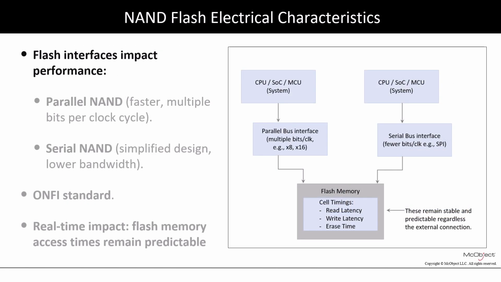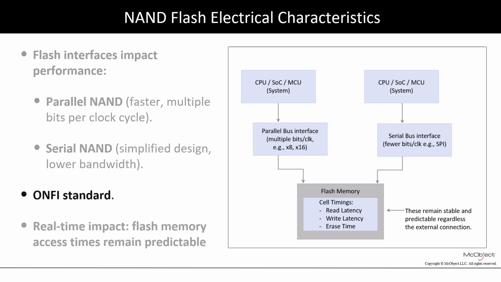The way NAND flash is connected to the system also affects performance. Parallel NAND interfaces transfer multiple bits per clock cycle, enabling high-speed data access, making them well-suited for database storage applications. Serial NAND interfaces transfer data 1 bit at a time per clock cycle, though some support 2 or 4-bit transfers, simplifying hardware design at the cost of reduced bandwidth.